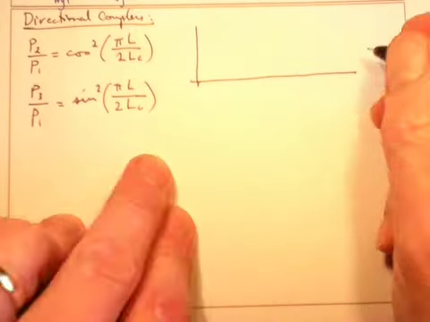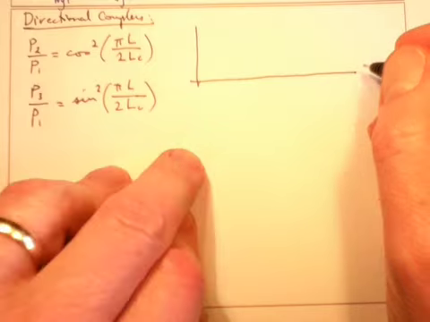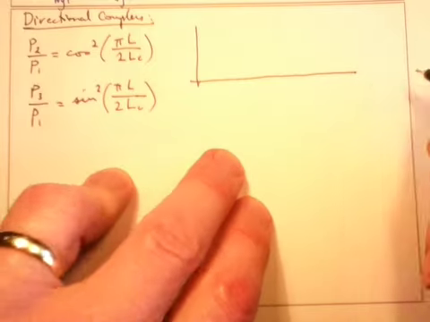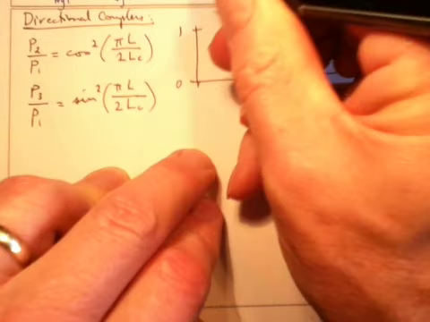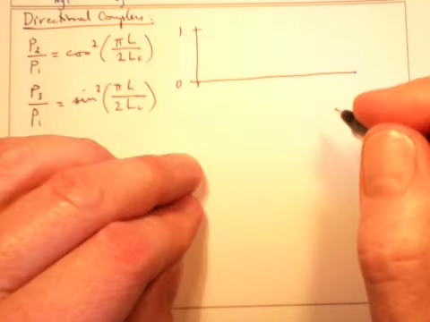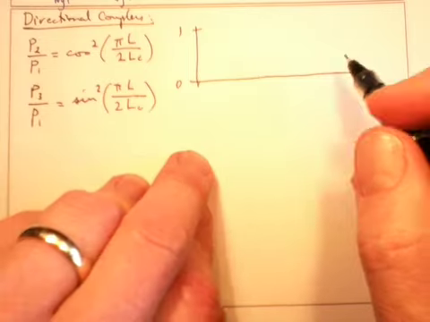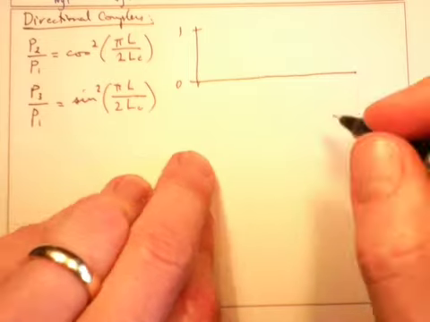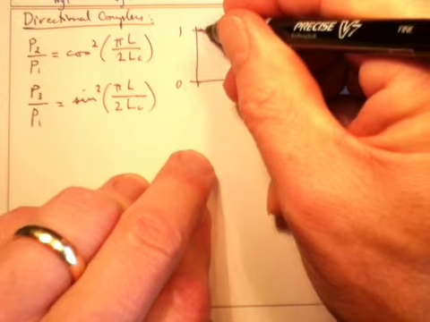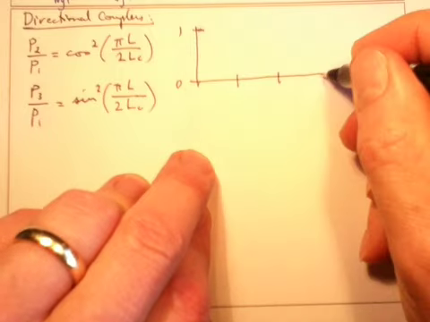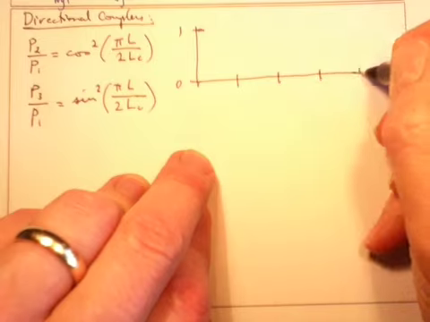As a function of, well, let me go from 0 to 1, and I will plot the output power at P2. Let's go ahead and sketch this out as follows.